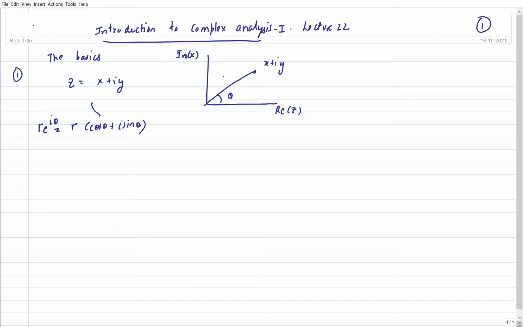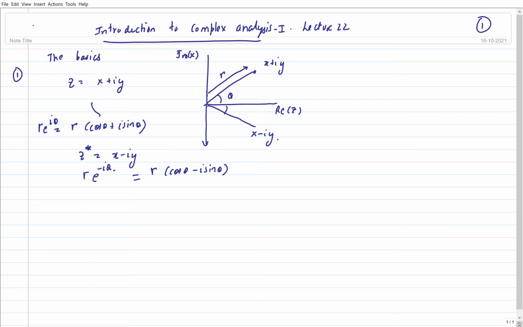Theta is this angle, r is the magnitude of this vector, and the complex conjugate is x minus iota y, which would be over here, cosine theta minus iota sine theta, or that would be r, this guy.